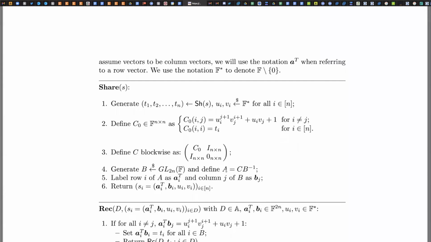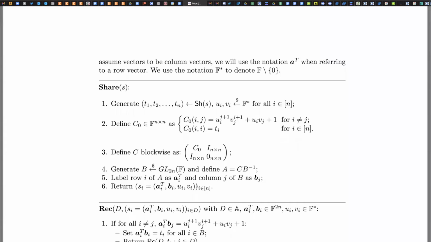And then you define A to be C composed with B inverse. Now you're going to pick the ith row and call it a_i transpose, and the jth column of B as b_j.